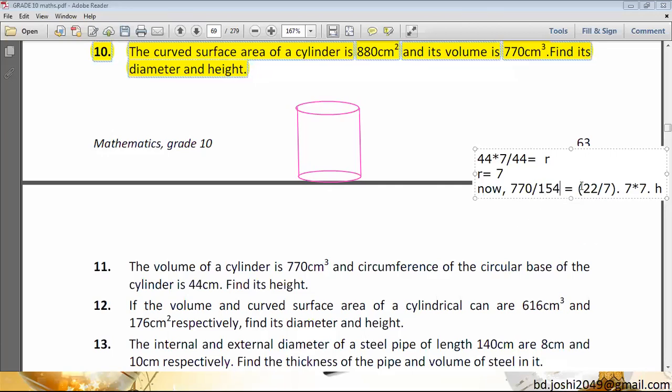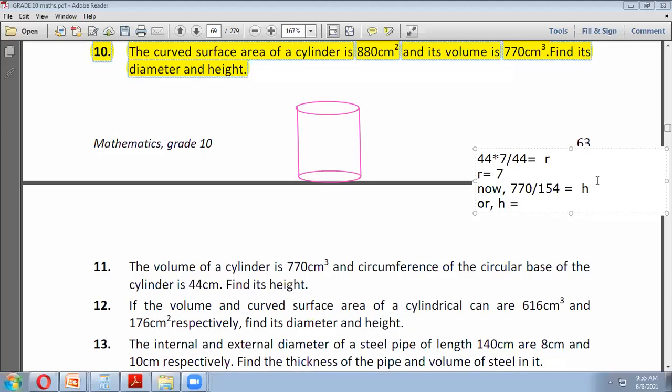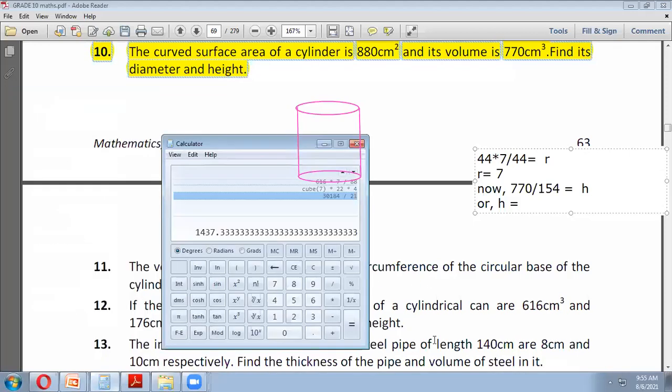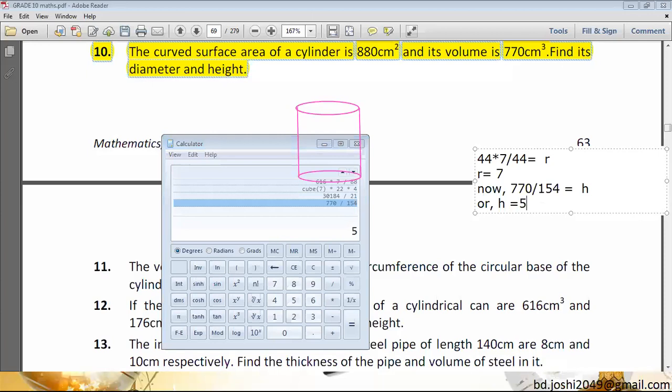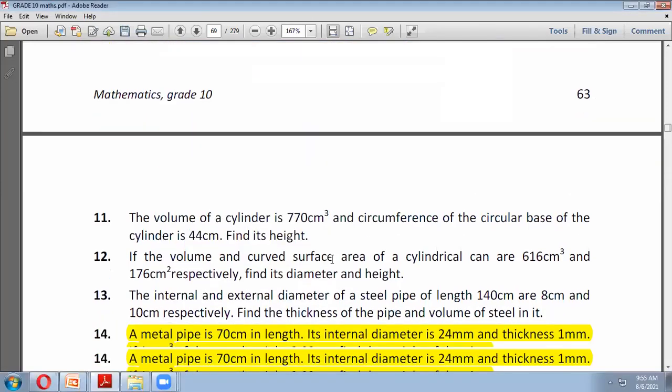That will give us the value of height, and what you get finally is 770 divided by 154. 770 divided by 154, it is equal to 5. So height is equal to 5.